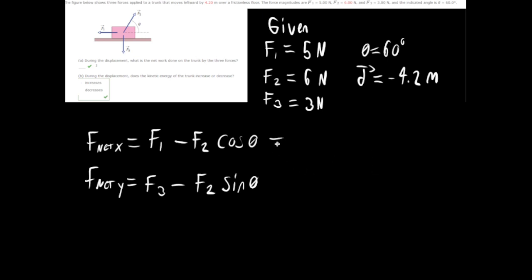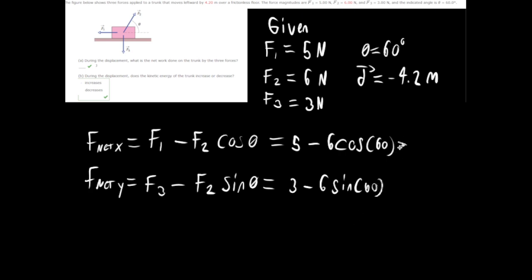Okay, from here we can calculate what this is. This is going to be 5 minus 6 cosine 60, my apologies, and then this one is going to be 3 minus 6 sine 60. Okay, now what do these equal?